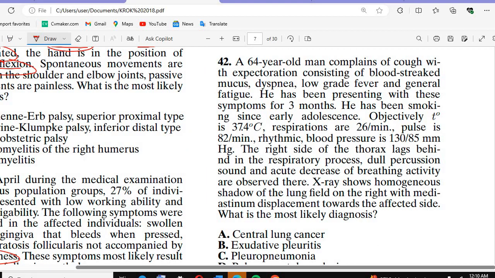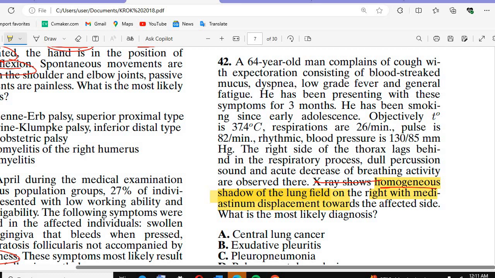What you have seen in this question is that the X-ray shows a homogeneous shadow of the lung field on the right with mediastinal displacement toward the affected side. The mediastinum is the central portion.